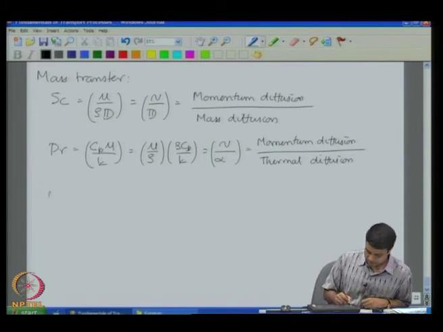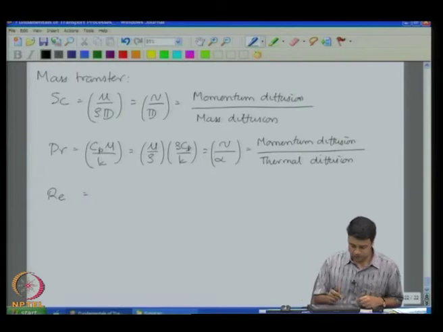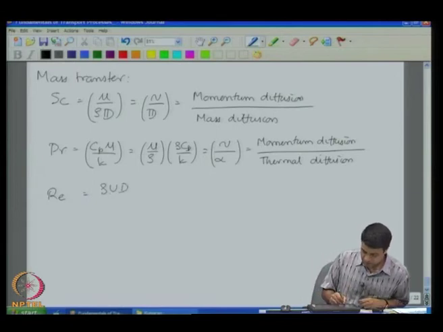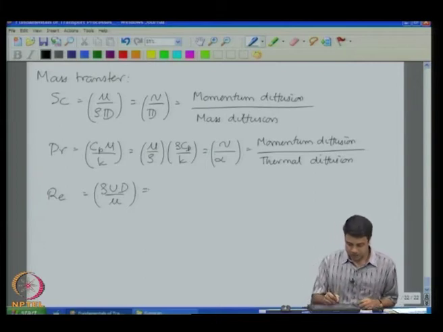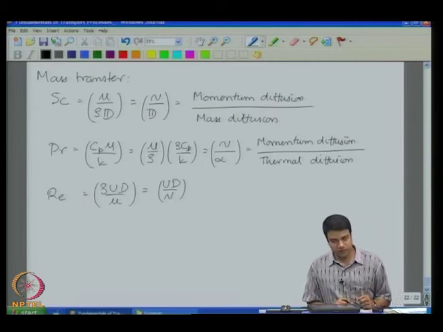Reynolds number, the Reynolds number that I had calculated earlier was rho u d by mu. This can be recast as u times d by nu, because mu by rho is the kinematic viscosity.